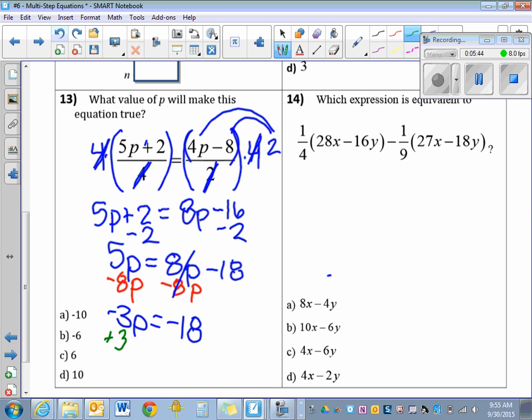You said plus 3, p equals negative 15. We're not adding 3 here. Negative 3 is being multiplied by p. So what we need to do is the opposite of that. I cannot stress that to you enough. We must do the opposite. So divide by negative 3. Divide by negative 3. And our answer is p equals 6. That gives us C there.